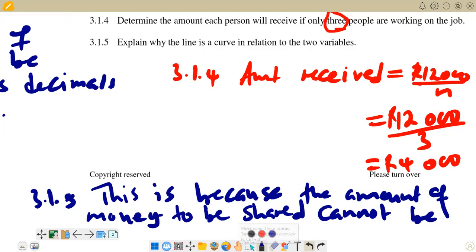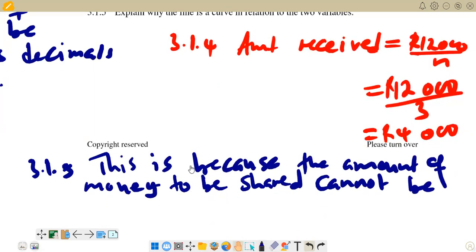So it becomes the reason that we are having a curve there. Cannot be equal to 0. So that's what we have on 3.1.5.